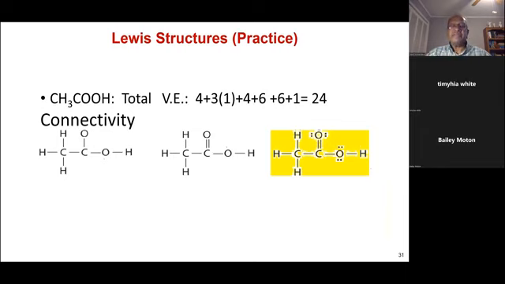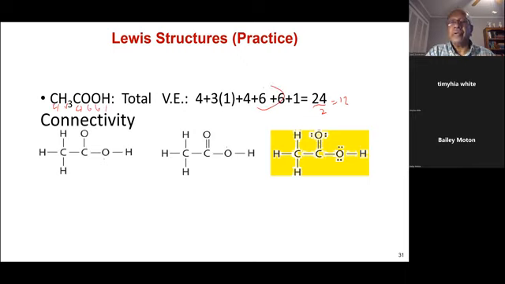Now, this is acetic acid. There are, I'm not going to count all these, 12 electron pairs. This comes from 4, 1, 4, 6, 6, 1.